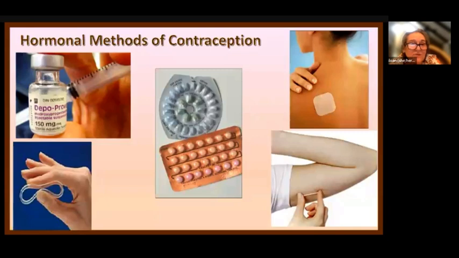Now, sometimes it turns out that there were fertility problems to begin with that we didn't know about when somebody started on birth control. So when they stop the birth control, that fertility problem is still there, and they may not realize that they had a fertility problem. But most women are able to take these hormones.